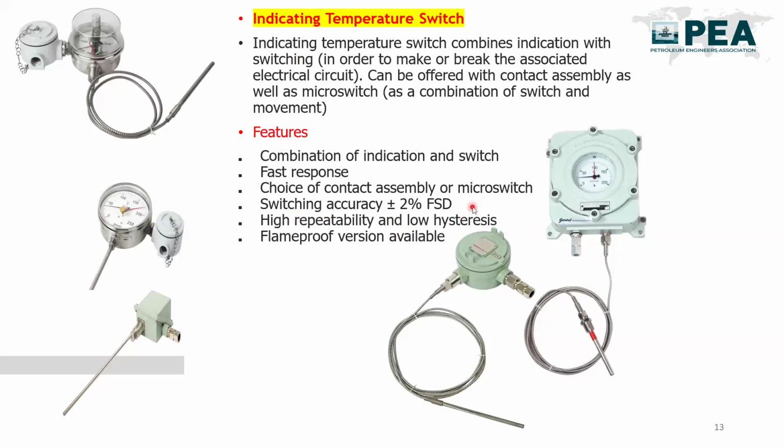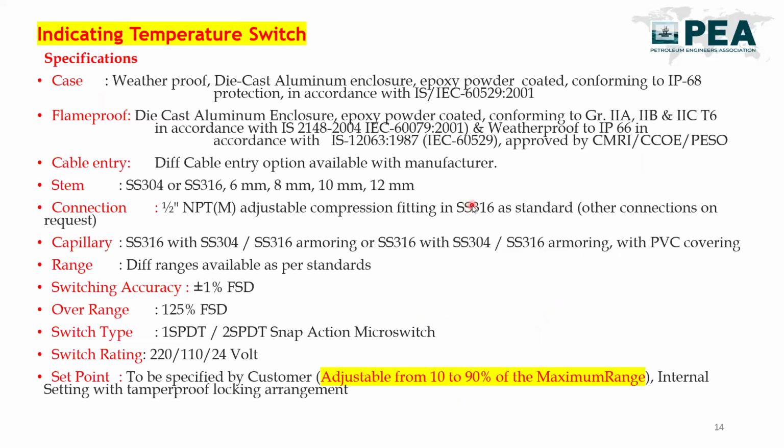But the accuracy of a switch is a little bit lower, meaning its accuracy will be plus or minus 2% of FSD. That means it will show 2% error while it measures the temperature. Now, these temperature switches have case material, and you will have to select it very carefully. Why should we select the case material very carefully?